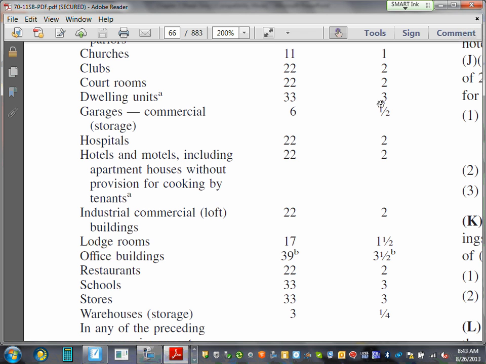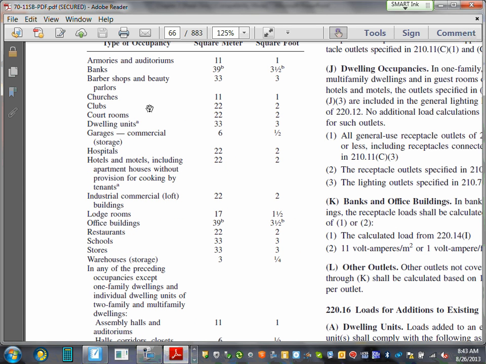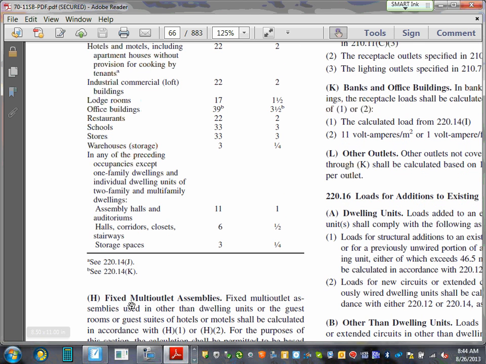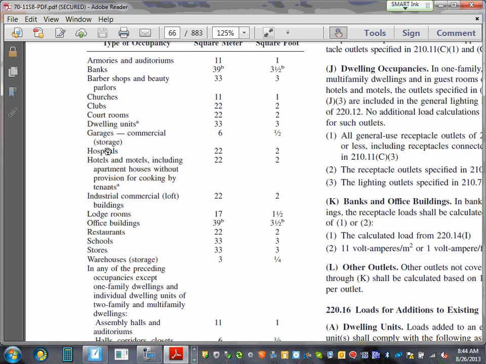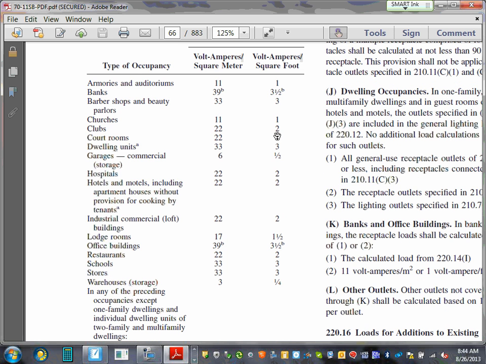Dwelling units, it allocates 3 volt-amps per square foot, and it has a note A next to it, and A says 220.14(J). So for dwellings, it gives you 3 volt-amps per square foot. That's how we calculated Derek's house, how many volt-amps, from that particular table. Okay, and we will be doing calculation on that.